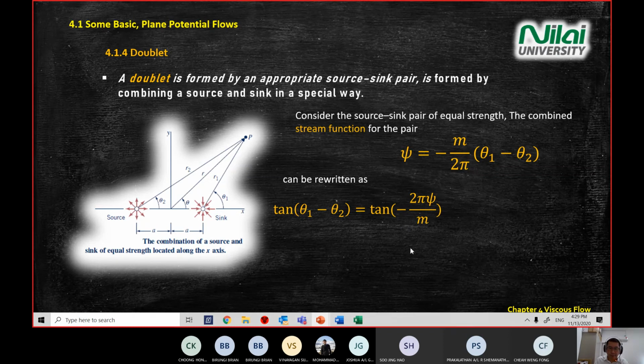This is a trigonometry equation. So if you have a constant value in front of two angles, and you have a tan relationship between the constant value and the angle, you can write it in this way.